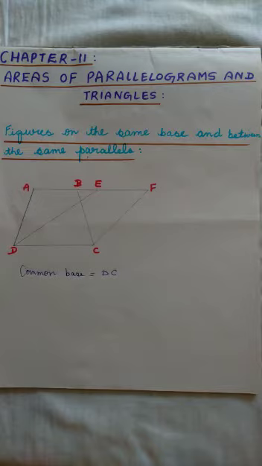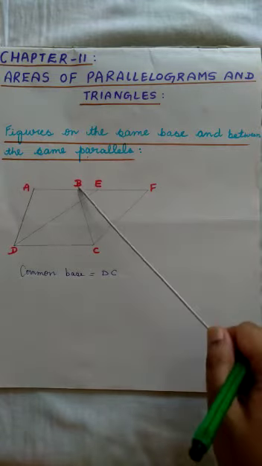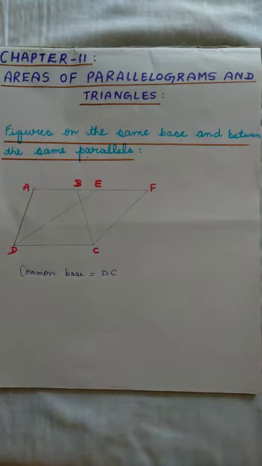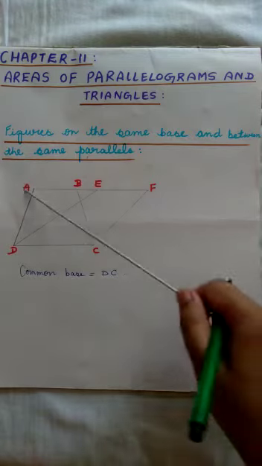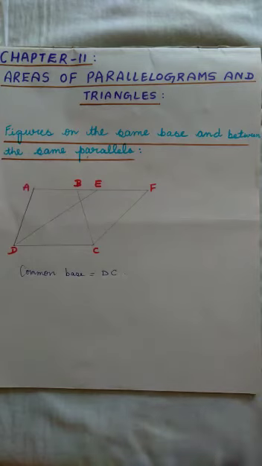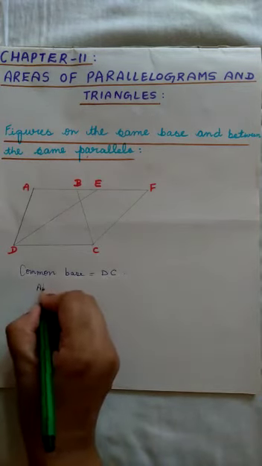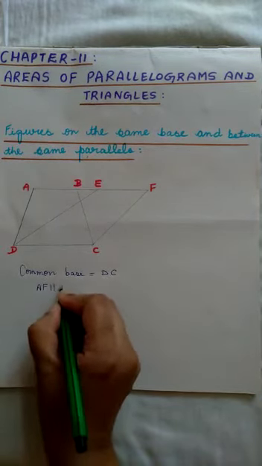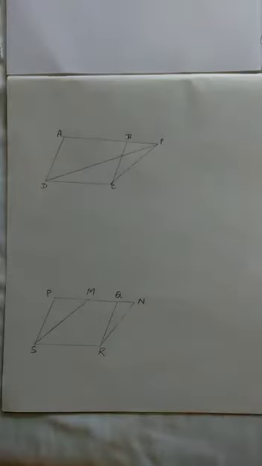Therefore, we can say that the trapezium ABCD and parallelogram EFCD have a common base that is equal to DC, and between the same parallels AF and DC. We can write it as AF parallel to DC.